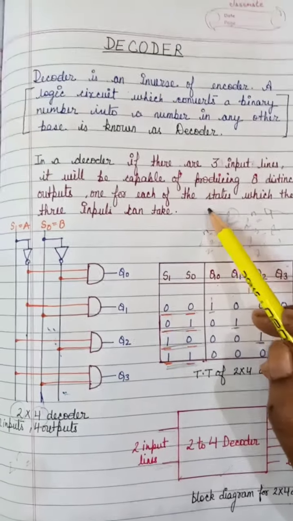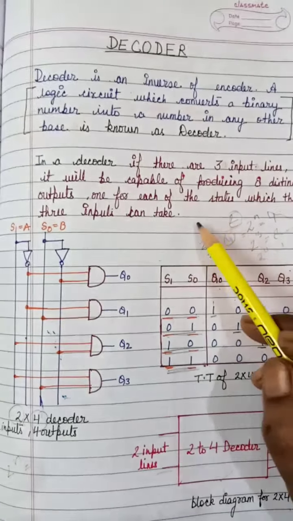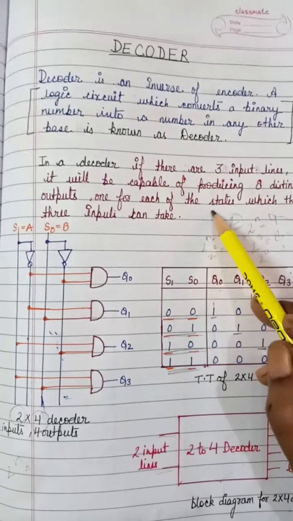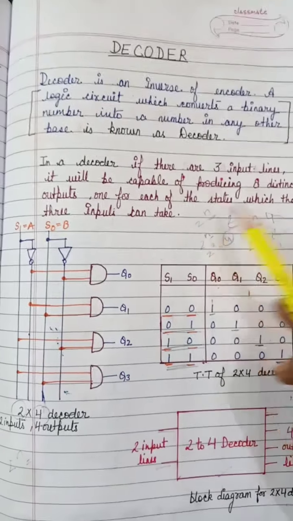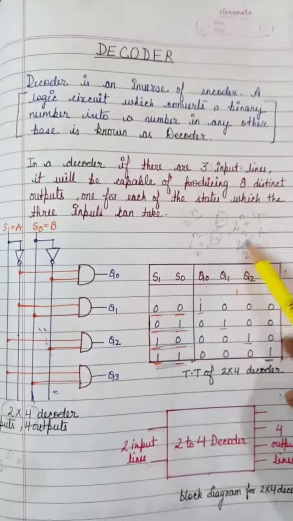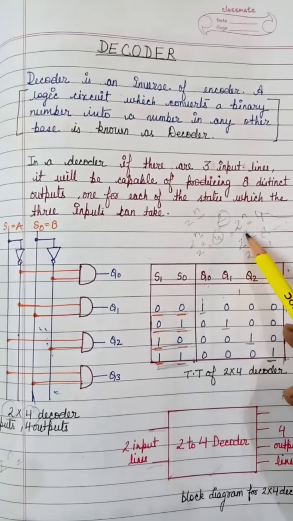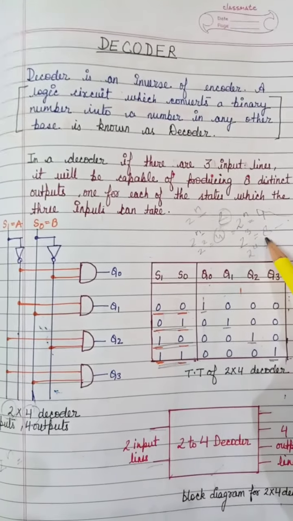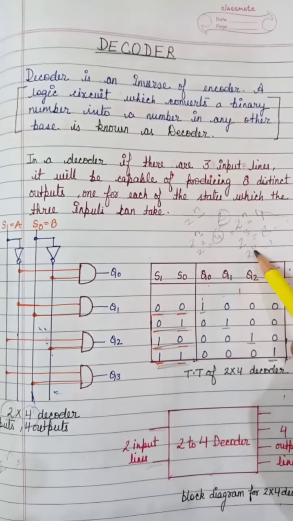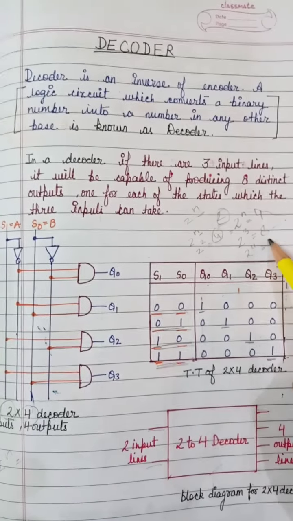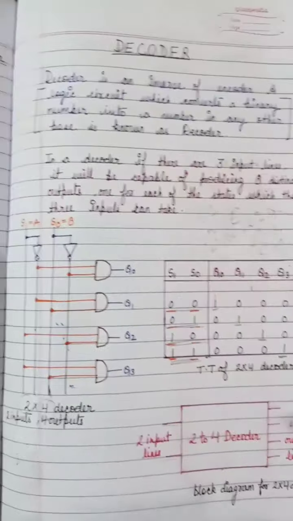Whatever the input lines, the output lines will be 2 to the power number of input lines. If there are 3 input lines, 2 to the power 3, 8 output lines will be there. If there are 4 input lines, there will be 2 to the power 4, 16 output lines.